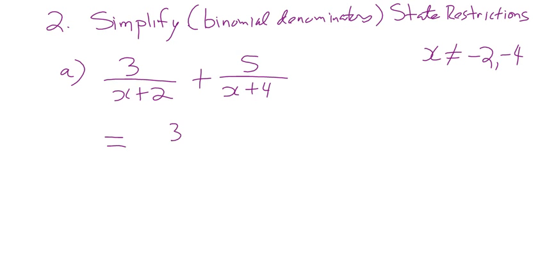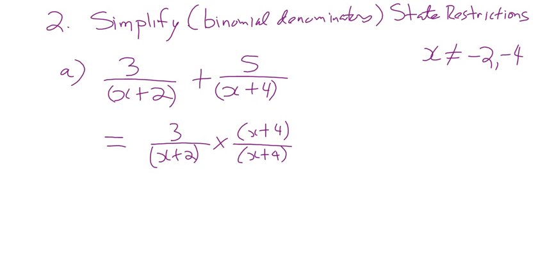Okay, so for our common denominator, I'm going to multiply this by x plus 4 over x plus 4. Always do this: you see a binomial, stick brackets around it, whether it's in the question or anything. And what are we going to multiply the 5 over x plus 4 by? x plus 2.